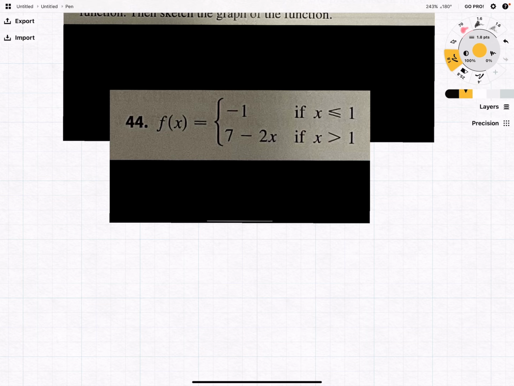So in this case, if x is less than or equal to 1, then your y value will be -1.